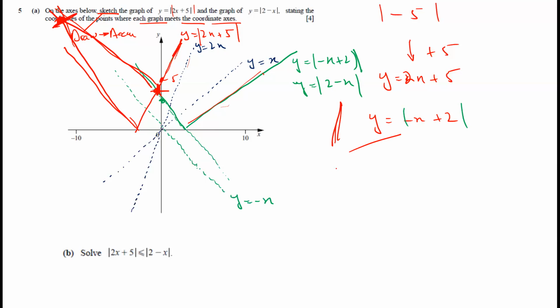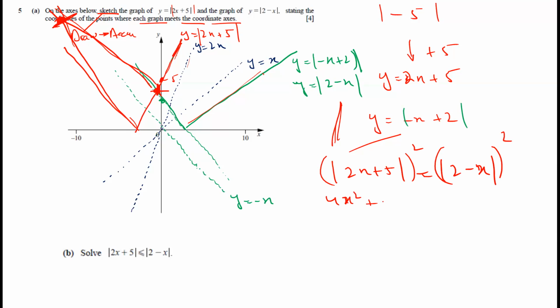So absolute 2x plus 5 equals absolute 2 minus x. How can we find the intercepts? Square both sides. So this would be 4x squared plus 20x plus 25 equals 4 minus 4x plus x squared.